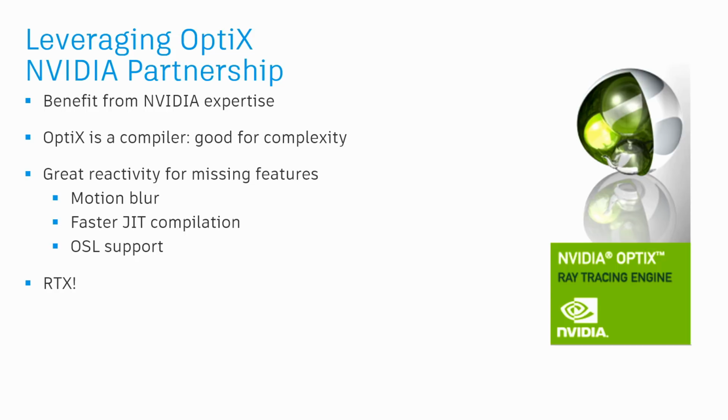The fact that Optix is a just-in-time compiler enables us to do that to some extent, to only pay for the cost of the feature the user is actually using, because users will understand that something is slower if they use a specific feature. They won't understand that everything is slower because you added a feature that they don't use. So Optix being a compiler is something that we leverage a lot.